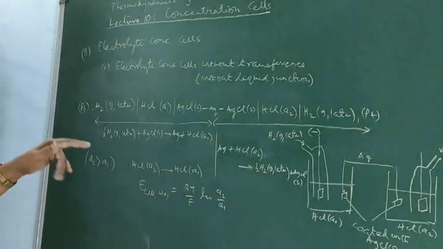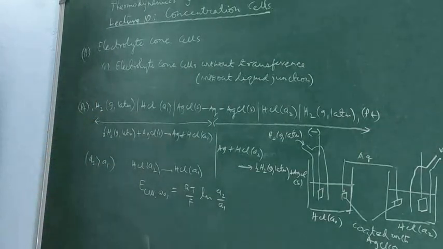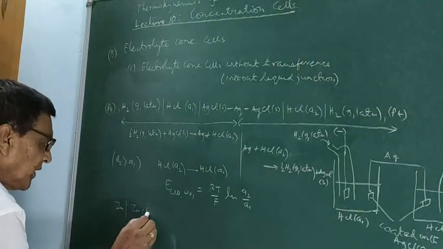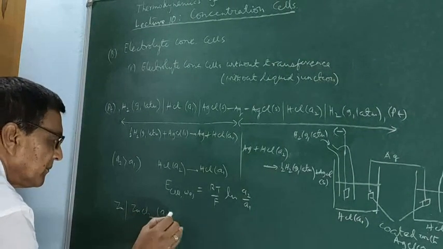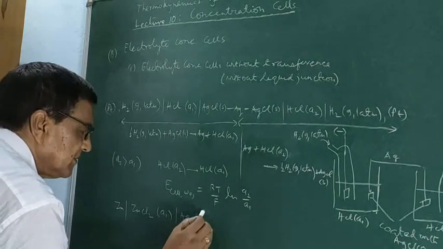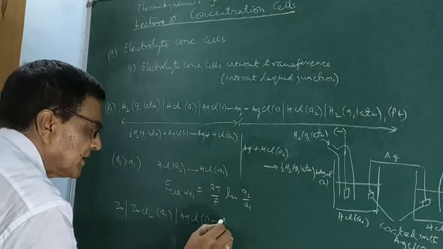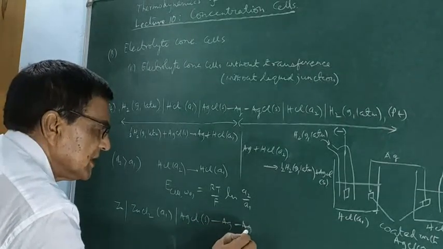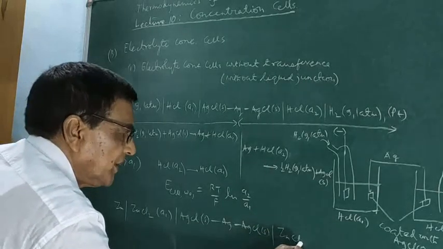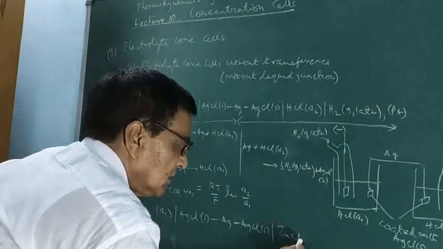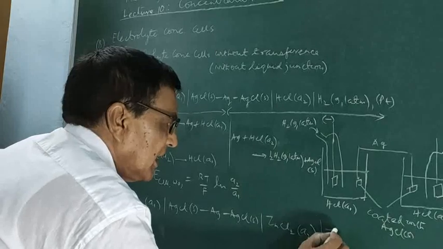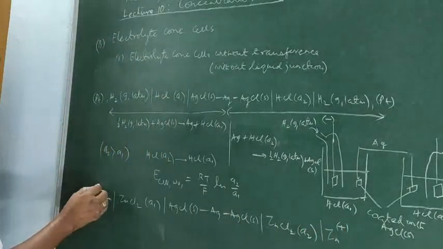Here is another example of this type: zinc with zinc chloride solution of activity A1, silver chloride solid and silver, then silver chloride solid, zinc chloride of activity A2, and zinc. This is the positive electrode and this is the negative electrode.